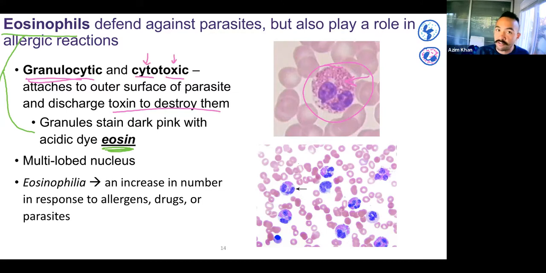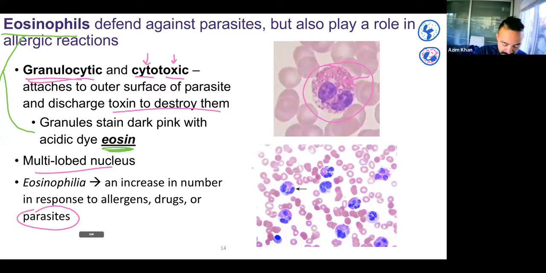Granulocytic, they have chemicals in them, then they appear as little dots. They're cytotoxic, they release chemicals to kill other cells, like parasites. Multi-lobe nucleus, like I said. If you have a higher than normal amount of eosinophils, that could be a sign that you have a parasitic infection.